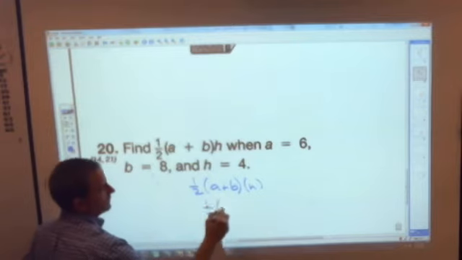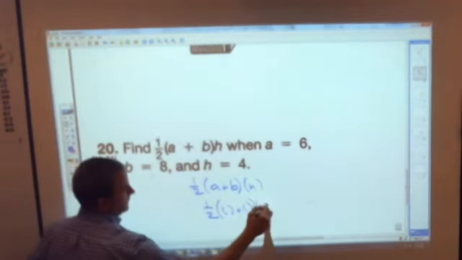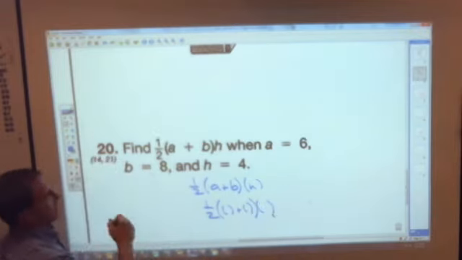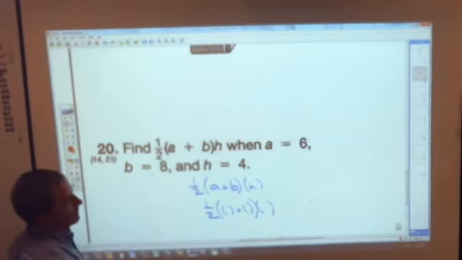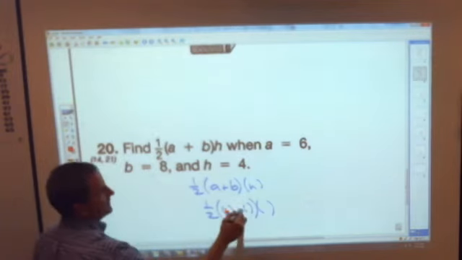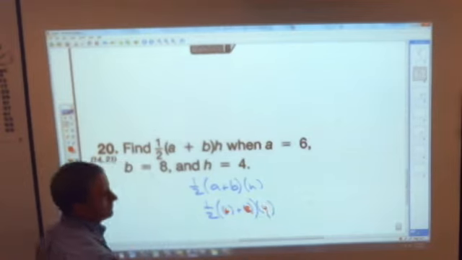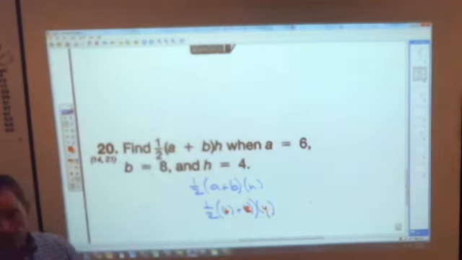1/2 of A plus B times H. A is 6, so that goes there. B is 8, goes there. H is 4. Order of operations say I have to do what first?